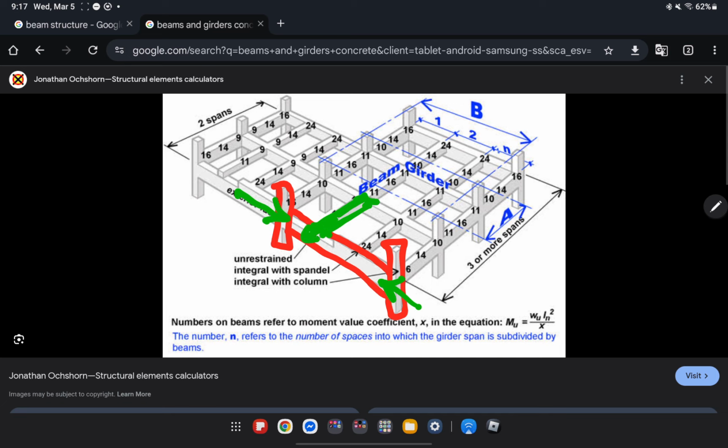So as you can see in the reinforced concrete structure, we no longer use floor joists, but instead what we have are beams and girders. As you can see, the beams pass their load to the girder, therefore making the girder a stronger version of a beam.